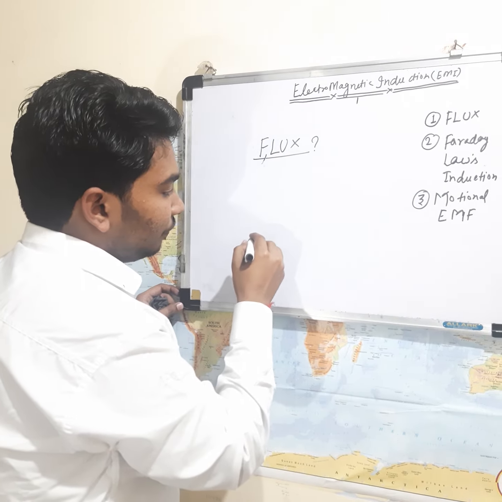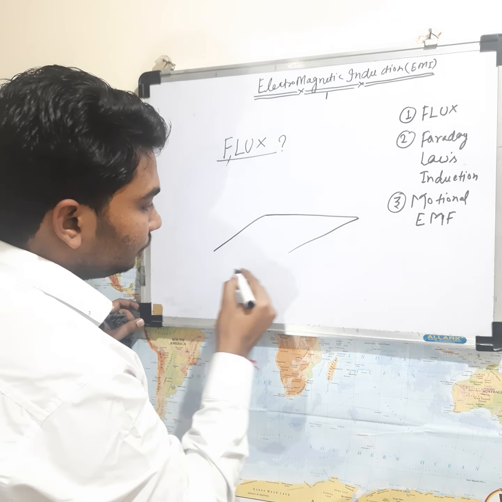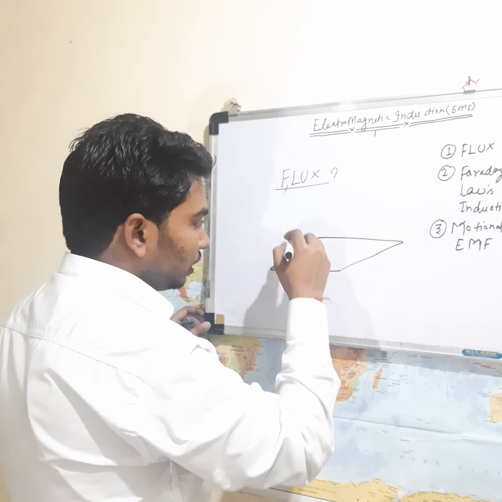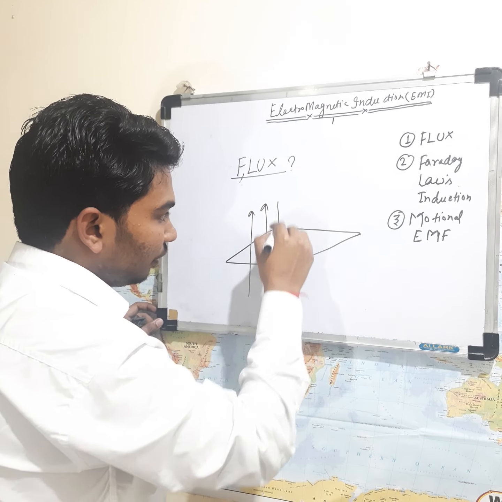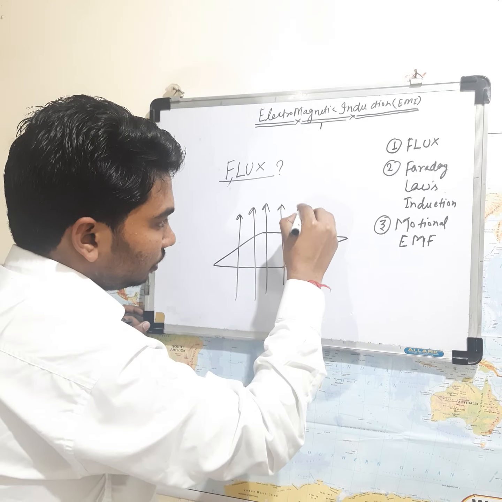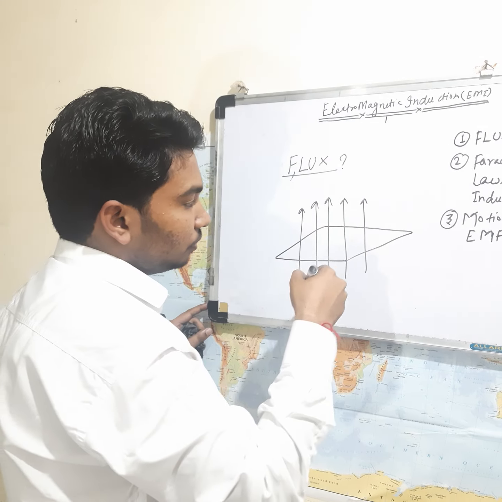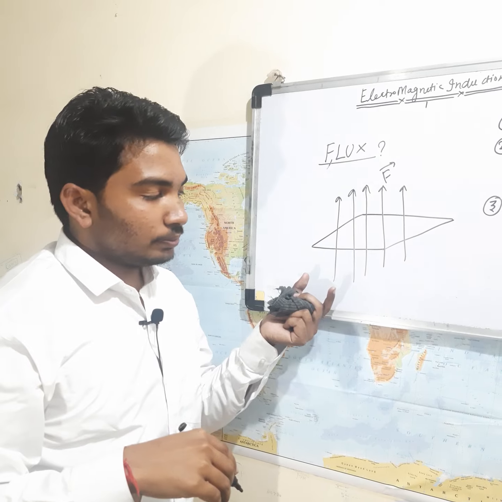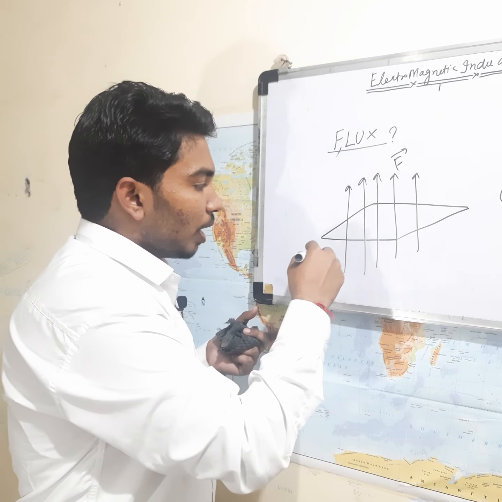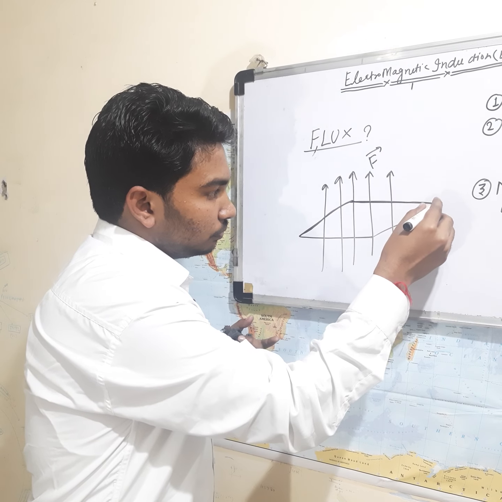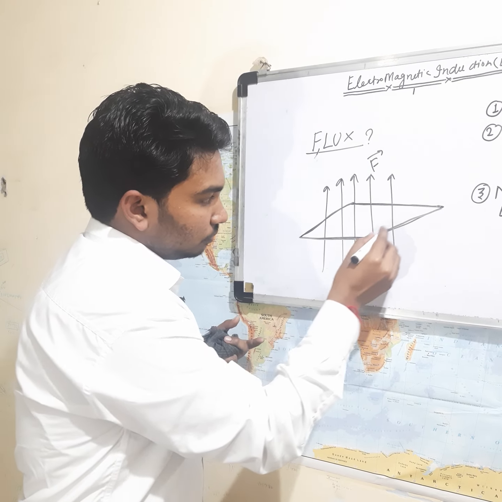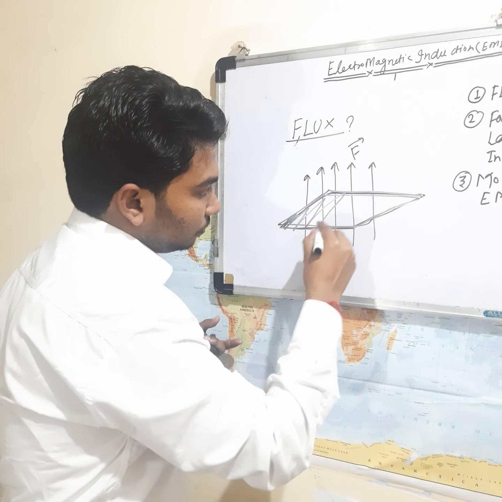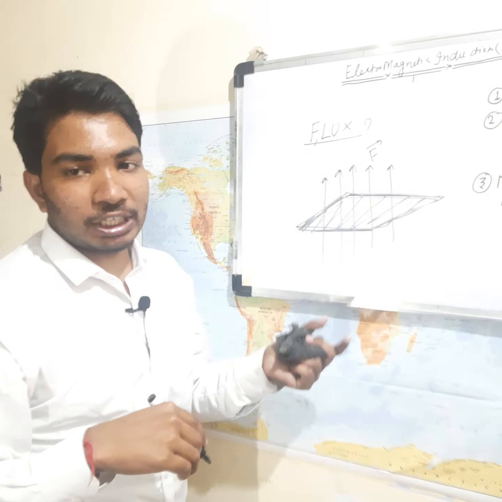If you talk about a surface, let's say this is the surface, and these are the vectors, or you can say a field passing through this surface, and this field is called the vector F. If you want to write the flux passing through this surface, what is the flux passing through this surface?